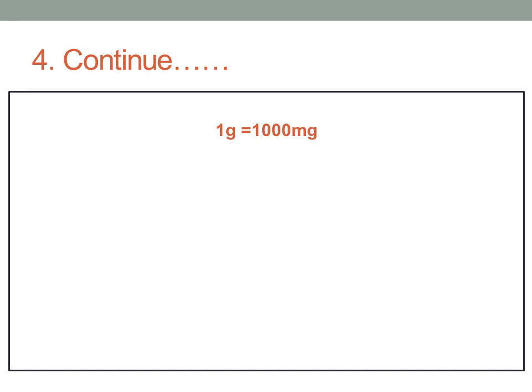We have to apply a relation of gram and milligram, that is 1 gram is equal to 1000 milligram. We have got J gram, so J gram would be equal to J multiplied by 1000.